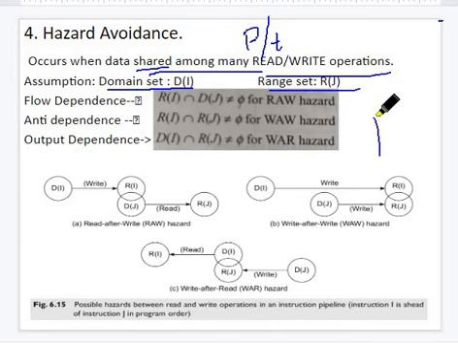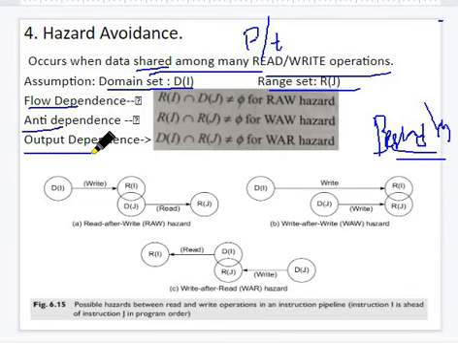Hope you studied in the first video of this subject Bernstein's conditions, called flow dependency, anti-dependency and output dependency. Now, all should not be null. If they all are null, they are independent. If they are not null, they are dependent.